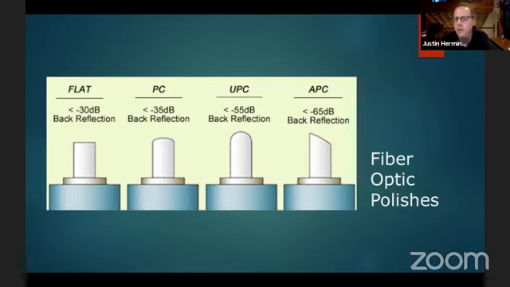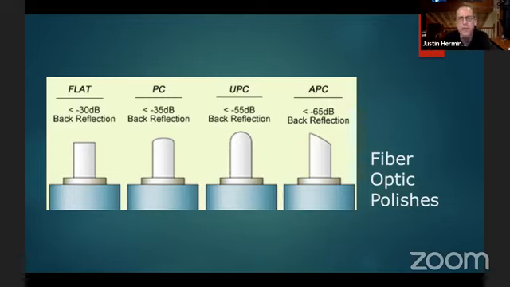Another useful thing to know here, and I don't think I have a slide, but I found this one out the hard way on a roof in Chicago on a February morning at dark 30, is if you mix and match contacts, you'll get a mismatch, just like an impedance mismatch in an electrical system. You'll get loss. If you try to put an angled connector up against a PC connector, you can lose like 30 dB in level.